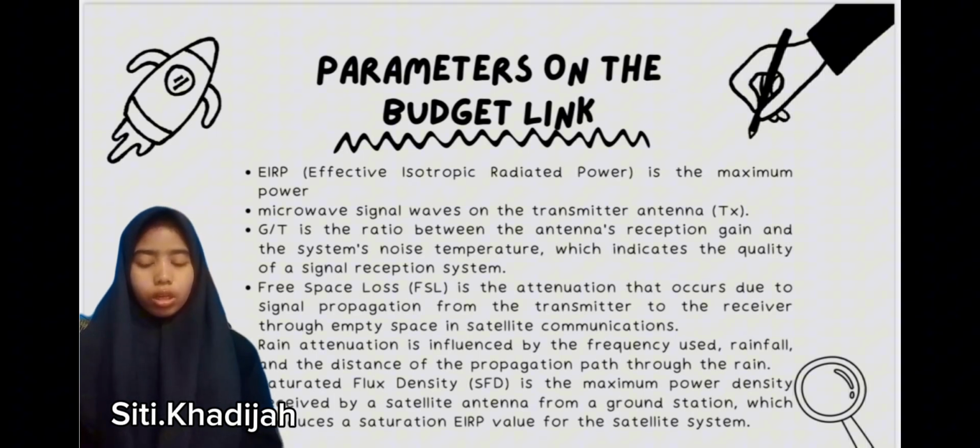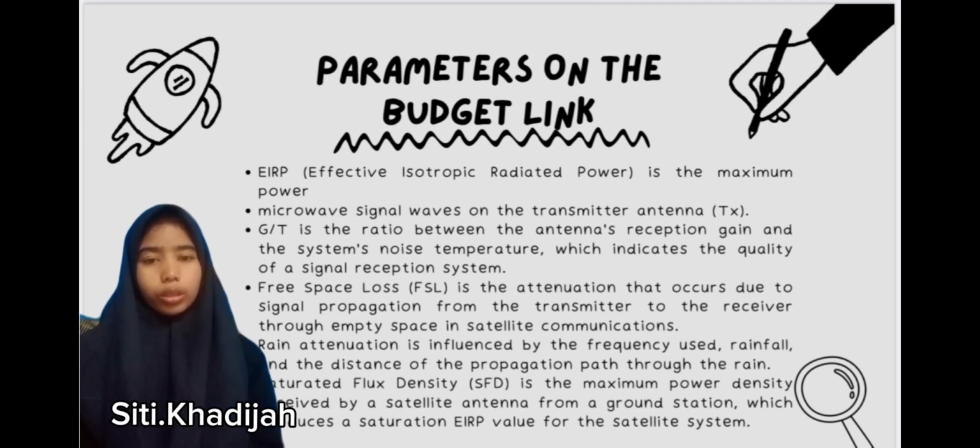3. Free space loss, FSL, is the attenuation that occurs due to signal propagation from the transmitter to receiver through empty space in satellite communication. 4.